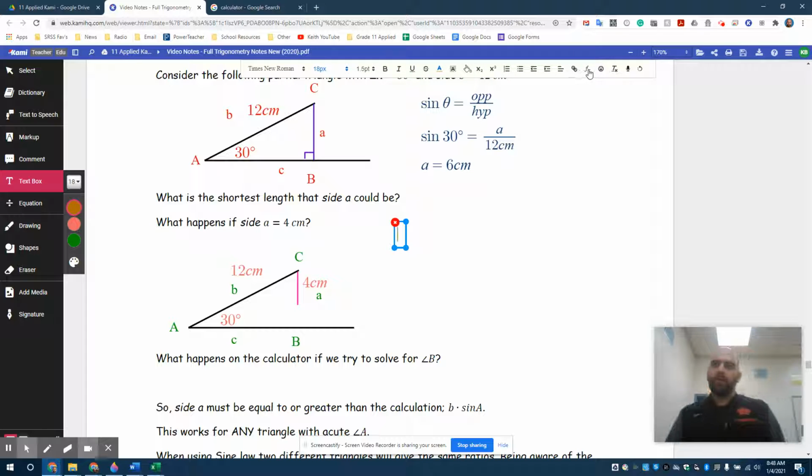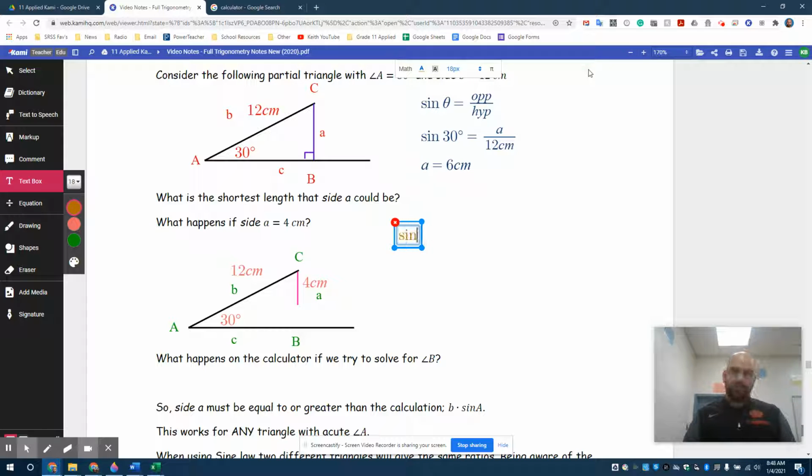So remember, a little bit of remembering: sine of A over little a is equal to sine of B over little b, which is equal to sine C over little c.